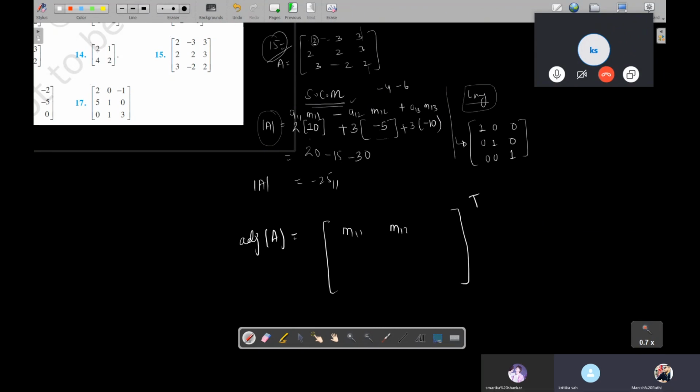I'll write m11, m12, m13, m21, m22, m23, m31, m32, m33, and then a minus sign wherever i plus j is odd. So m11, m12, m13 we have just found out: m11 is 10, m12 is minus 5 but there is a minus, so minus into minus is plus, and m13 is minus 10.